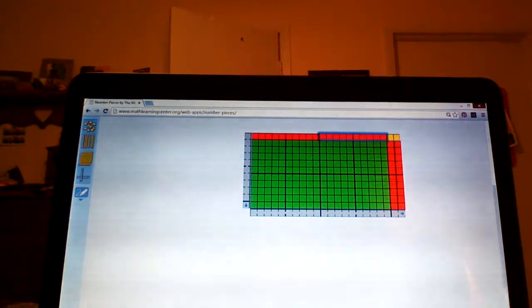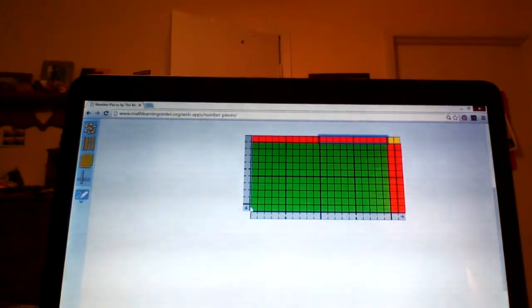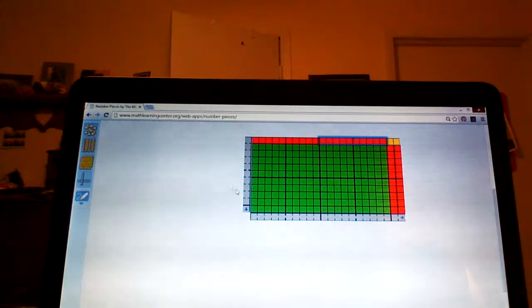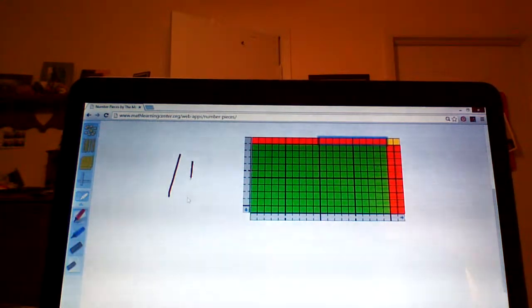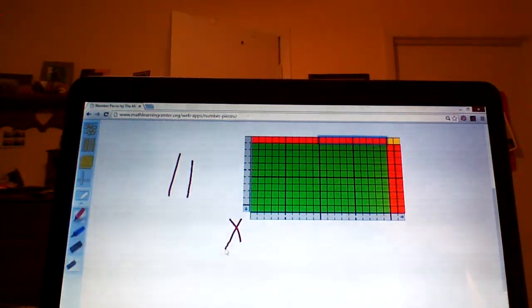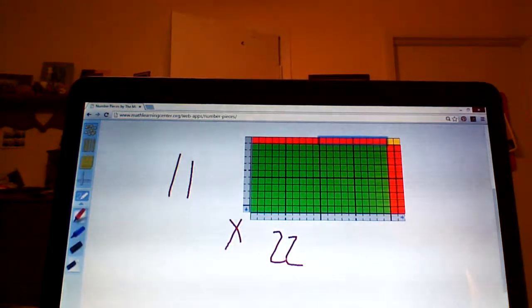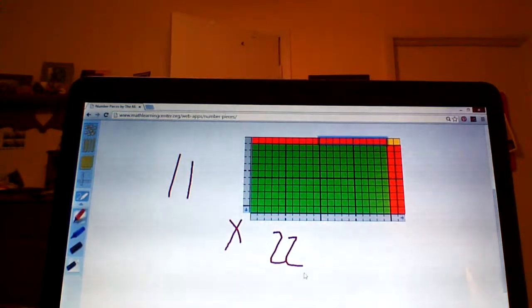So our multiplication problem is an 11 times, then this area is 10, 20, 21, 22. So what we have is 11 times 22.